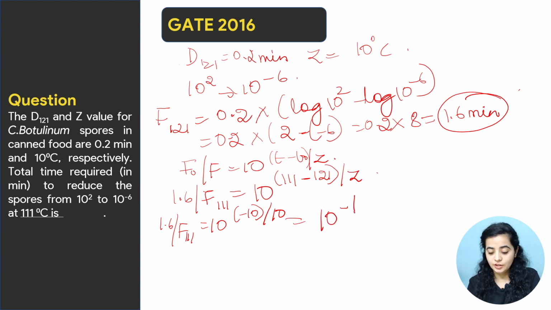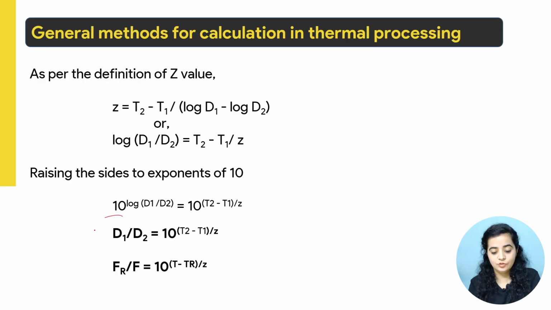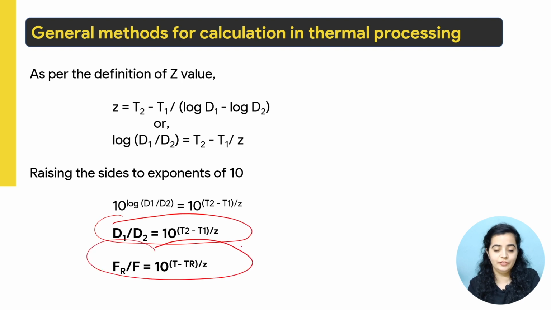Now rearranging the terms, we get F111 is equal to 16 minutes. So this is how you approach any problem on numericals based on thermal operations. You have to keep in mind these two formulas, which are very, very important.